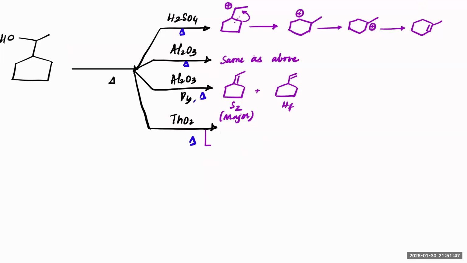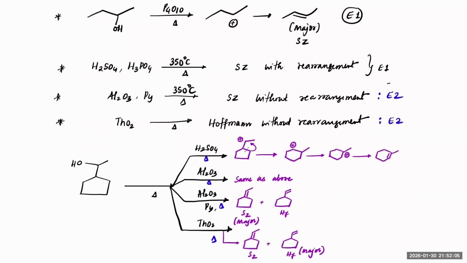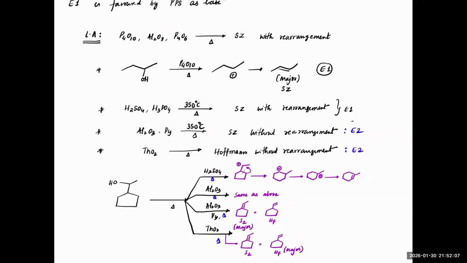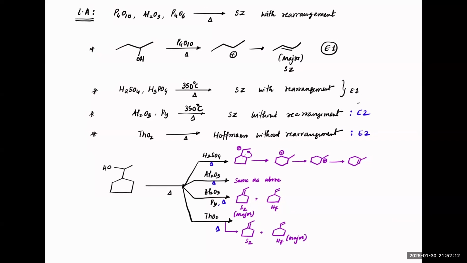And the last case here, you will notice that the products are the same here, but this time Hofmann is major. So this time Hofmann is major. Clear? So this is the summary on the alcohol parts. When you have an alcohol part, which are the reagents which we can use for E1 or E2, and what are the temperature conditions here.